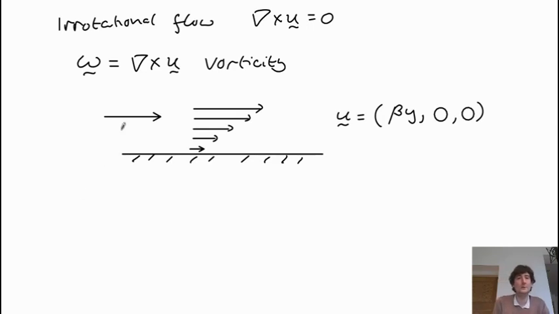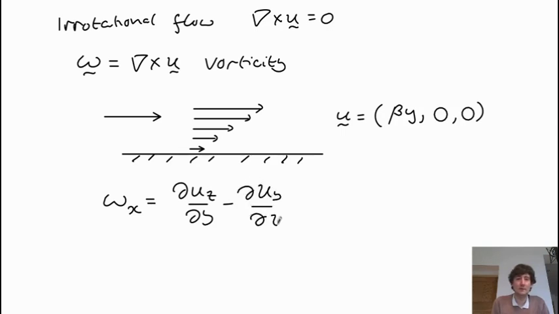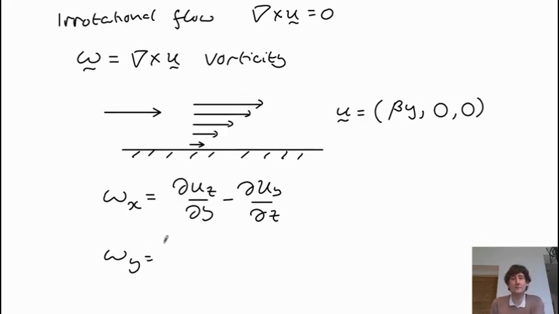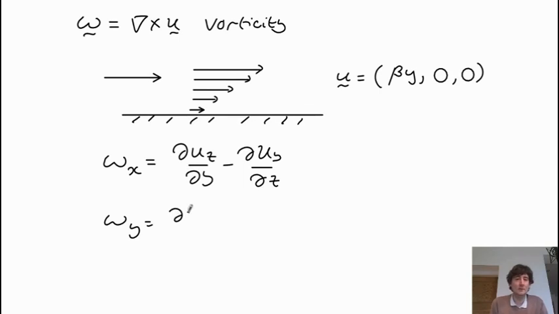Okay, so then we work out what vorticity is by working out the curl of this expression. So omega x is du z by dy minus du y by dz. Omega y is du x by dz minus du z by dx.